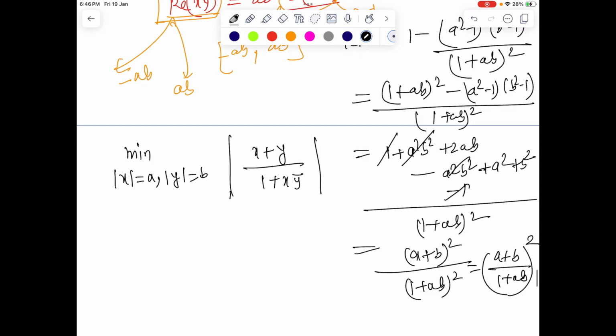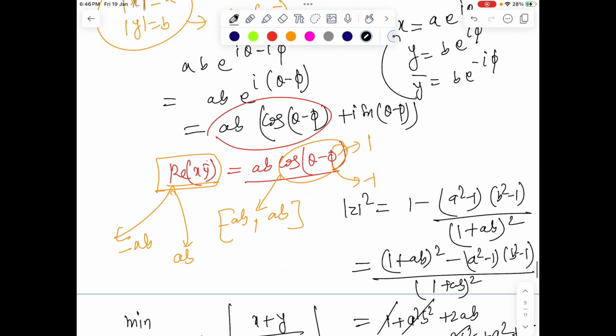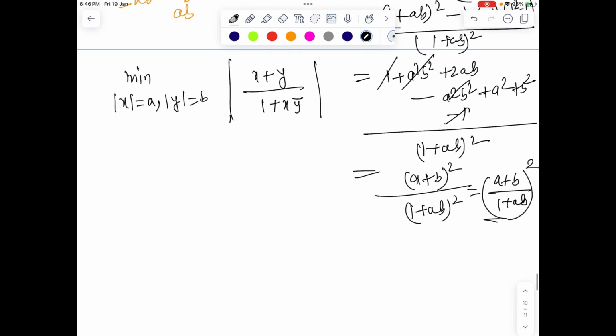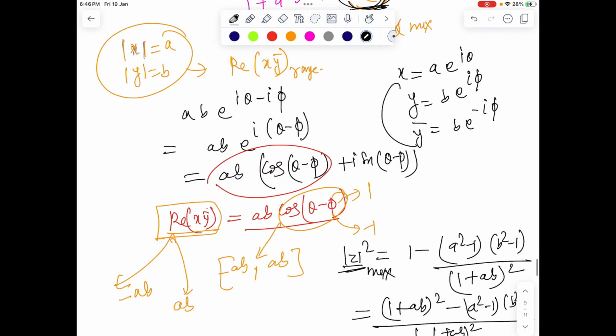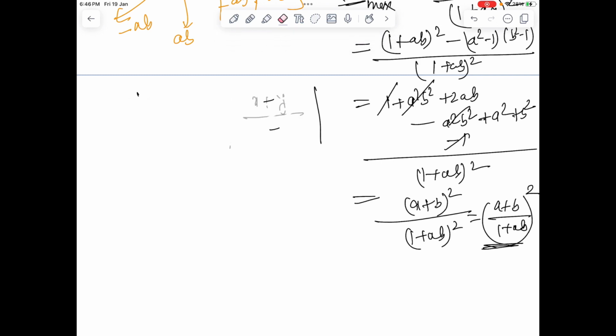This is not a single problem. You see, it's a great problem which reveals huge concepts. So now I know mod z square is this in any case, right? So mod z square maximum value is this, because while putting I have kept the maximum value of this as AB. Okay, so similarly you put minus AB and you get the minimum.